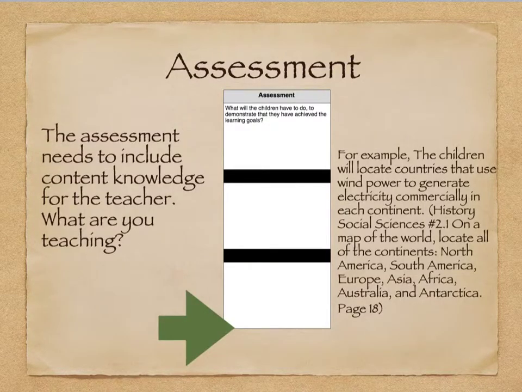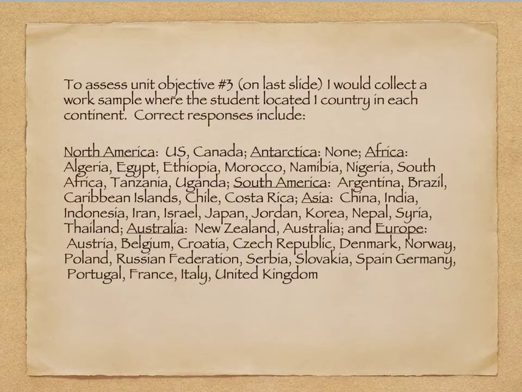Next, I would have to determine an assessment for each of the objectives in the unit. The assessment should include content knowledge for the teacher. What are you teaching? So, in my example, the third objective was that they would locate countries. So in the third row on my unit planning chart, I would add, to assess unit objective number 3, I would collect a work sample where students locate one country in each continent.